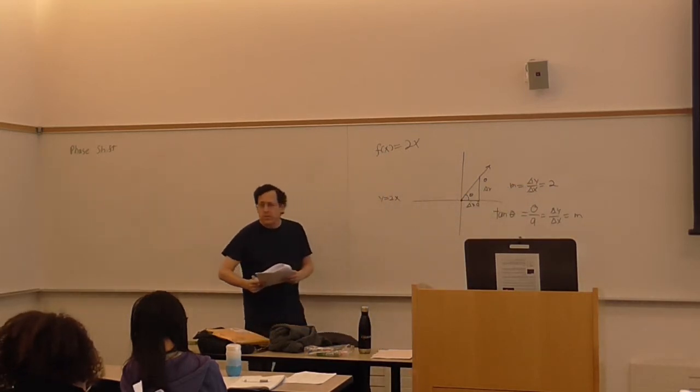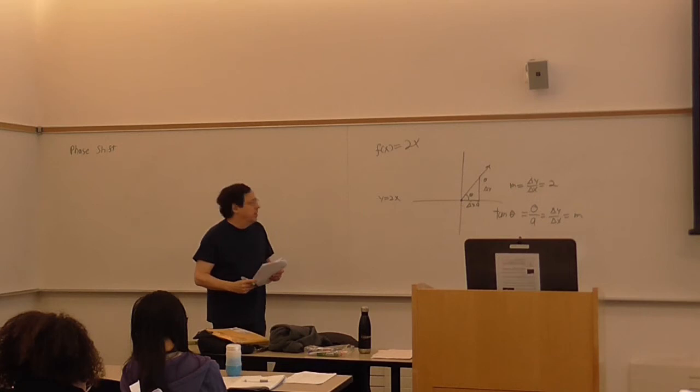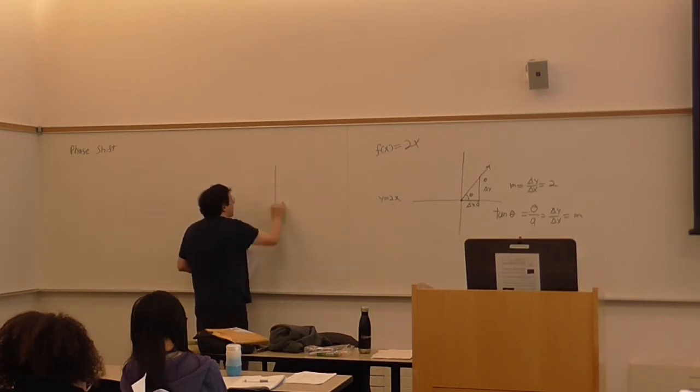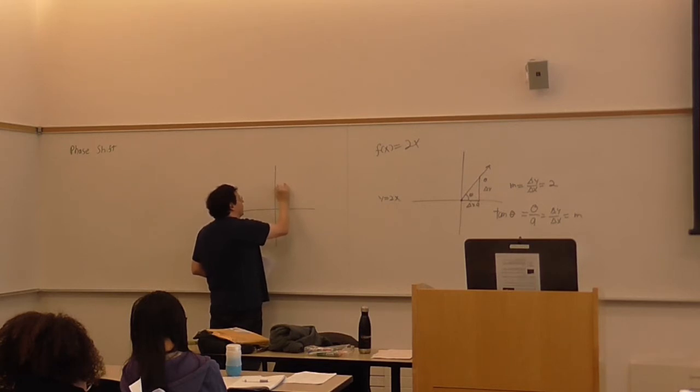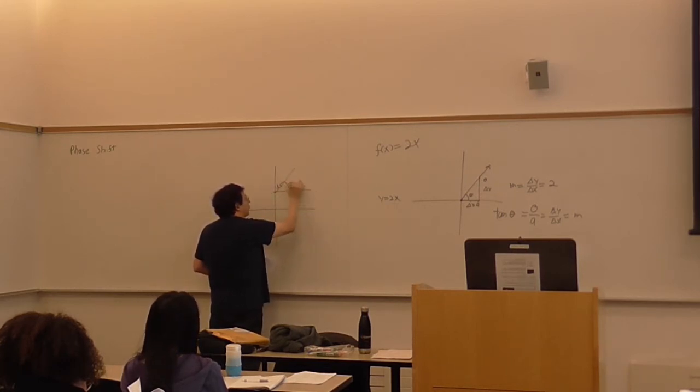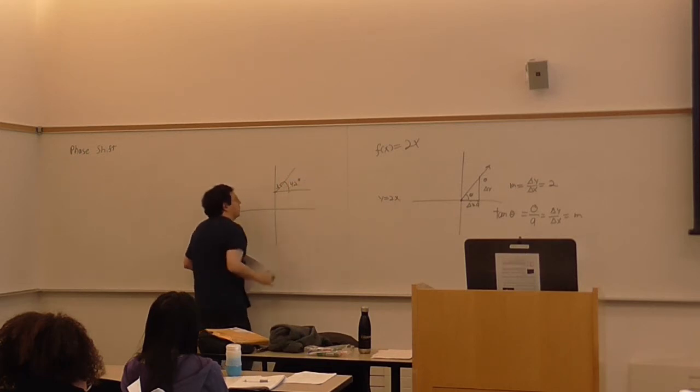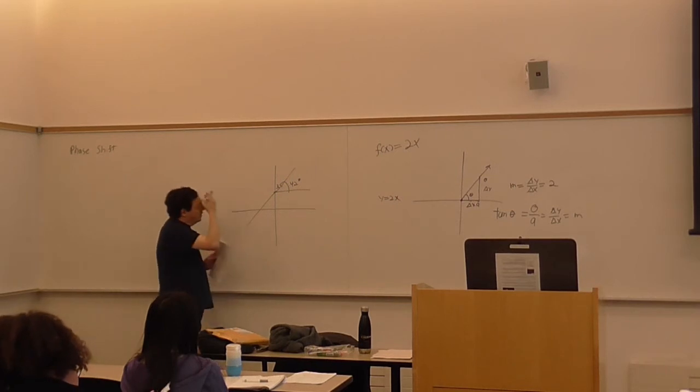So that's useful. If I gave you a graph like this, I said this is, I don't know, say 3.5, and the angle here is 42 degrees, and I said, I'd like to know the equation of this line.